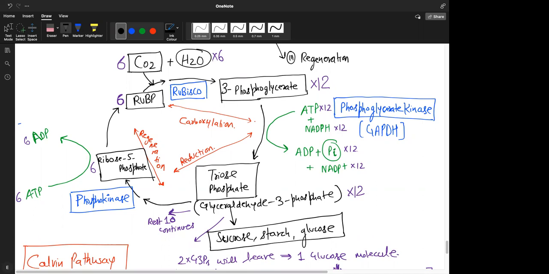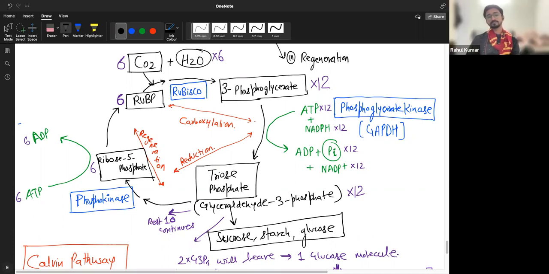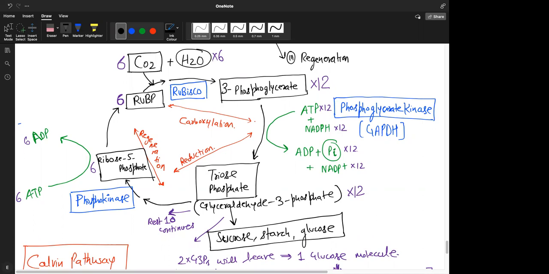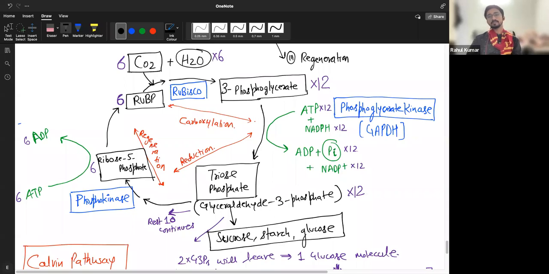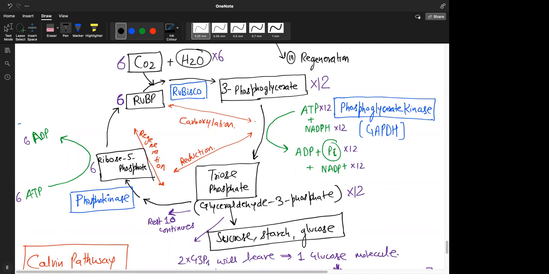Regeneration of what? Of RUBP. Yes. So but before that, an intermediate is also formed, that is ribulose 5-phosphate, and the enzyme that helps is RUBP phosphokinase. How many carbons does it have, Devangi? 5. Okay. And glyceraldehyde 3-phosphate has how many carbons? 3.